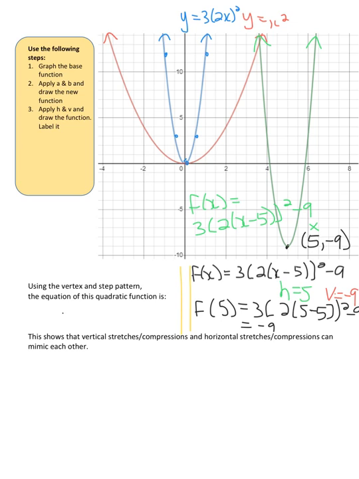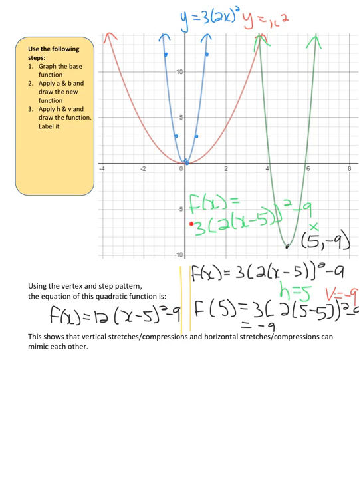So our function could be written as f of x equals 12 times (x minus 5) squared minus 9. So here we see that the b value is 1, which is the case for every quadratic function that you looked at in grade 10. So we now have two different equations for the same function.